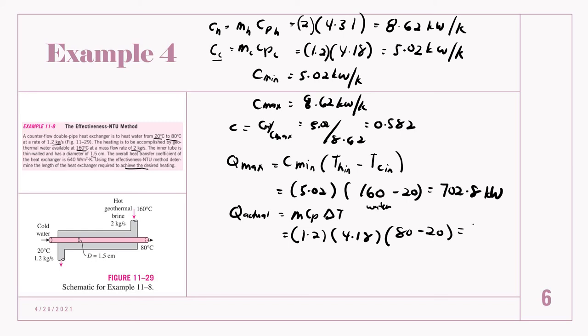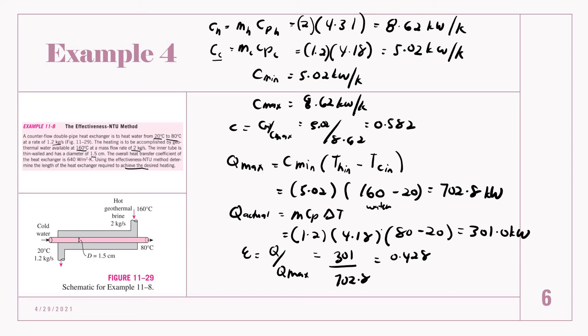So the answer would be 3010 kilowatt. After obtaining the actual and maximum heat transfer rates, we calculate the effectiveness of this heat exchanger. The formula is Q actual over Q max, so the answer would be 0.428.